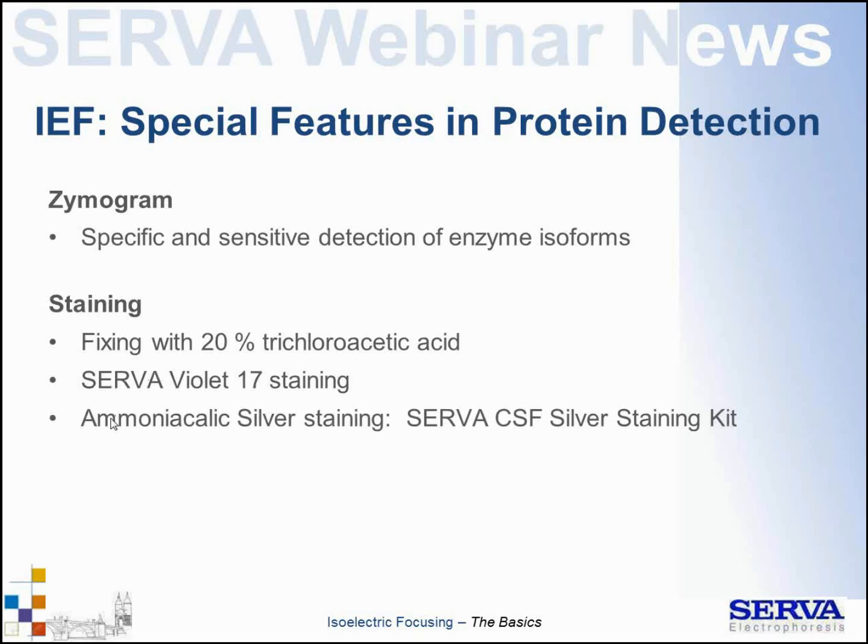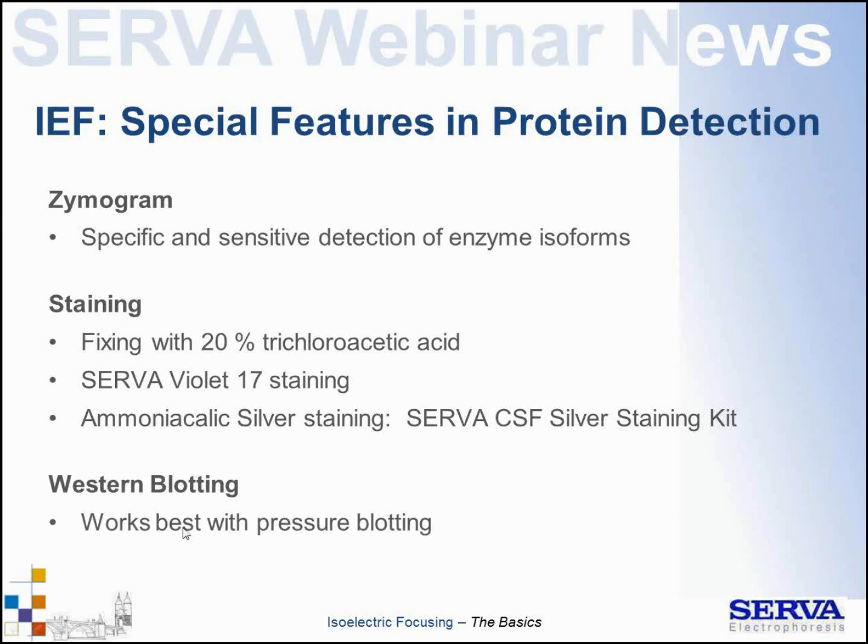And the best silver staining method is an ammoniacal silver staining, and both of these are available from SERVA. So we have ready staining kits which take a lot of work away and give you good reproducibility.